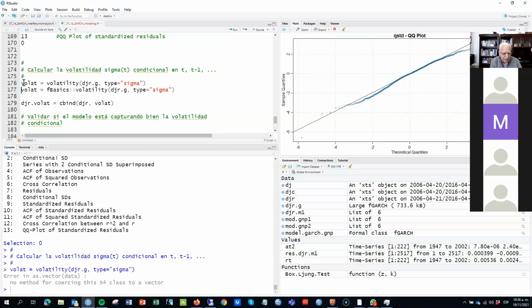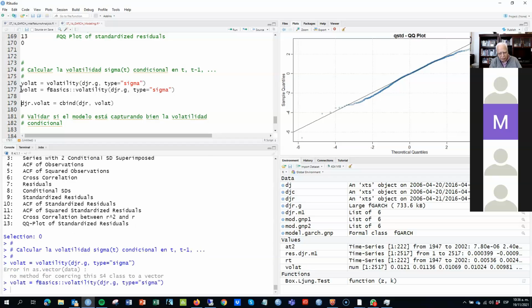If I say this, it'll give me an error, okay? Because this volatility function doesn't work with a Garch model. If I want the volatility function to work, I need to use the volatility function from the fBasics package, so I need to specify the name of the package, fBasics, colon colon, volatility, and now it works. Right? Now I've computed the volatility.